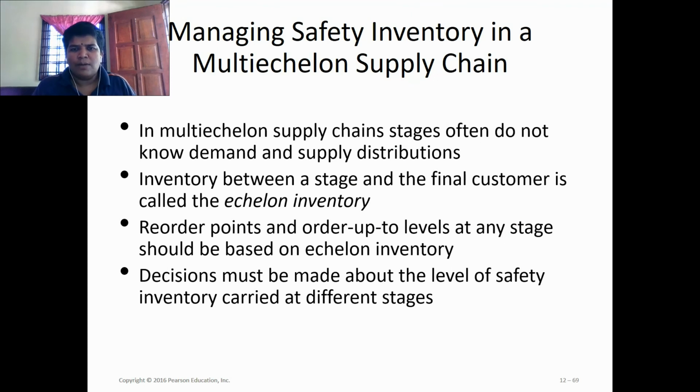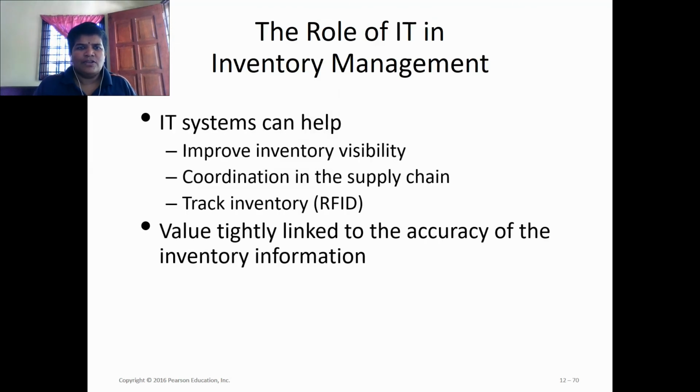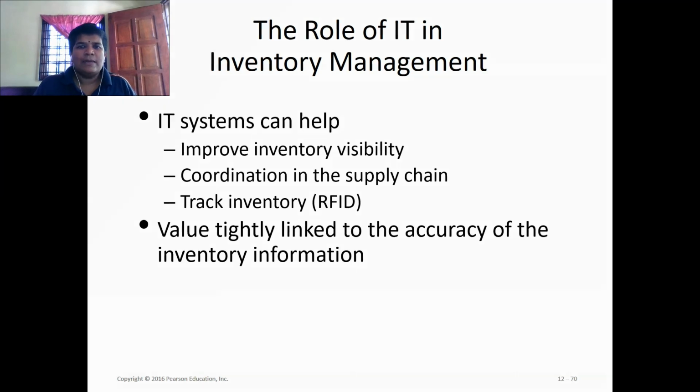Reorder points and order-up-to levels at any stage should be based on echelon inventory. Decisions must be made about the level of safety inventory carried at different stages. The role of IT in inventory management. So definitely an IT system can help improve inventory visibility and coordination in the supply chain, and can easily track inventory using RFID. And its value is also tightly linked to the accuracy of the inventory information.